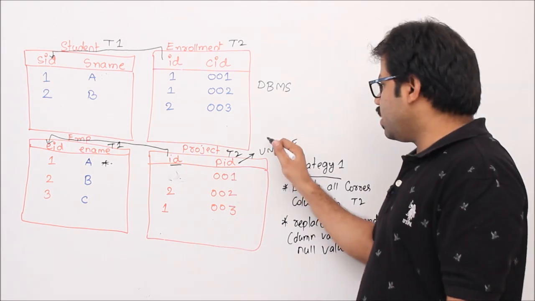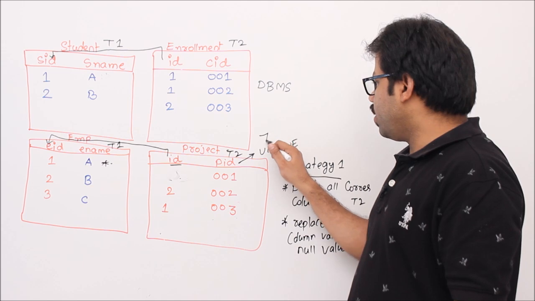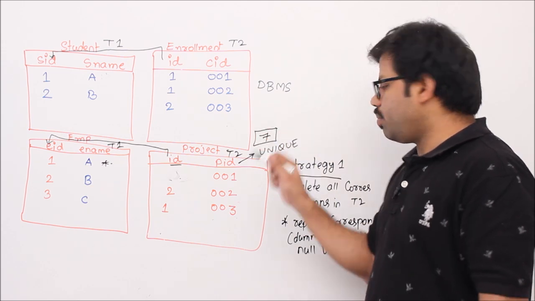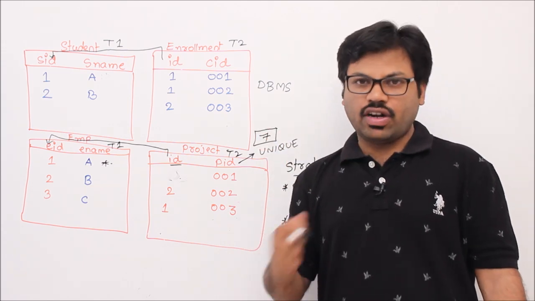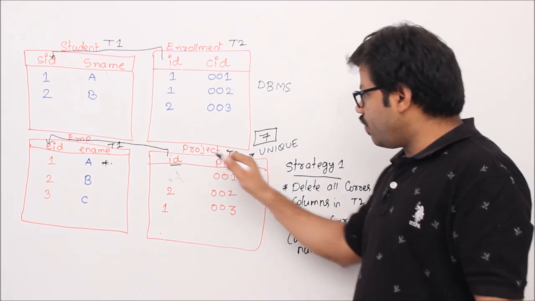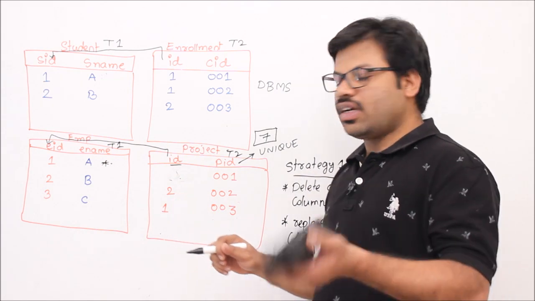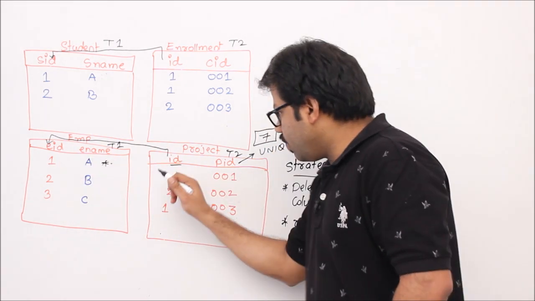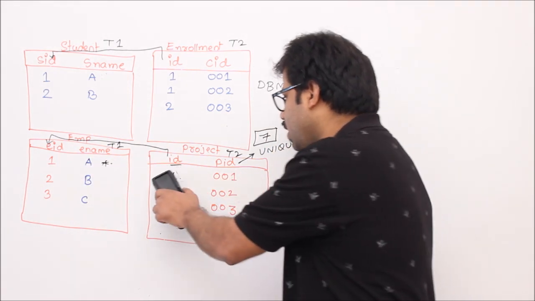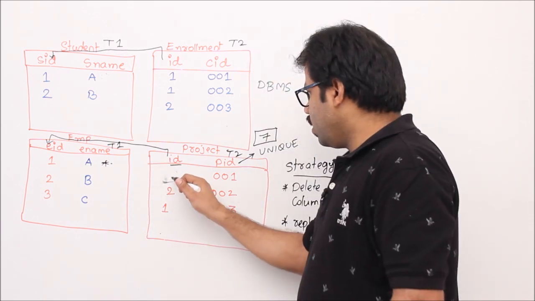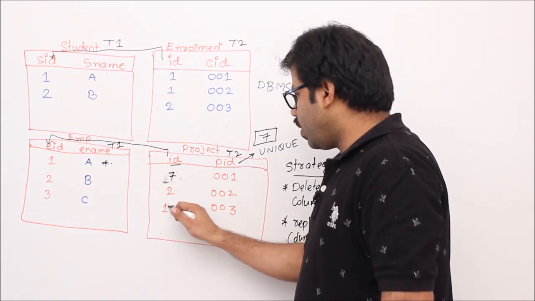Let's assume there is a person called 7. So this 7 is the default person. I will tell you how to declare a default value. Let's say 7 is the default for project. From now onwards, whenever some employee leaves the company, then the project referred by that employee gets default value 7.